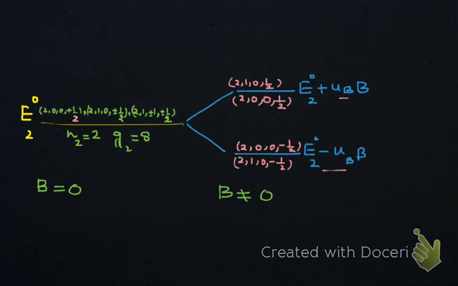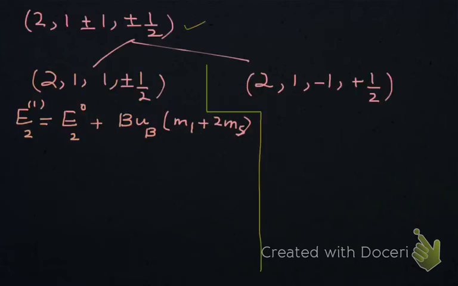Now we have to consider these four levels. Now this level is split into these two levels. Here we have different values of ms. Again, this can be split in two levels, and this can be split in two levels. So first consider the splitting according to plus half value.